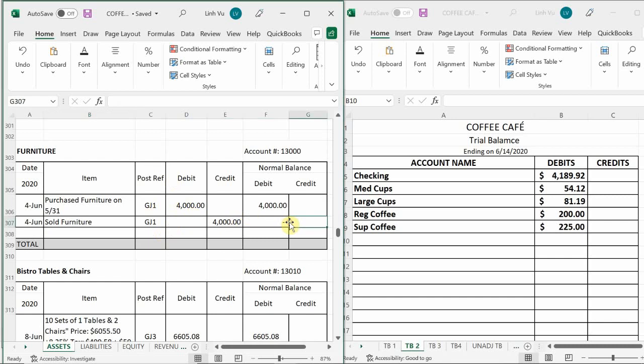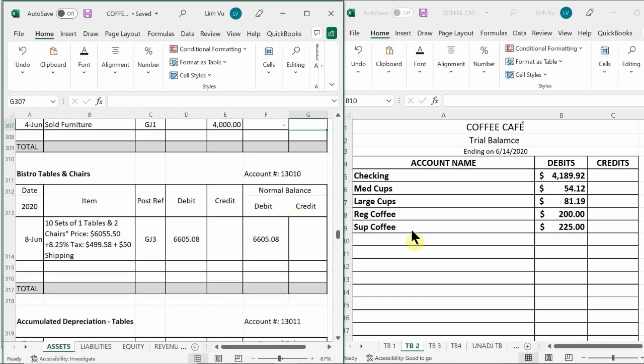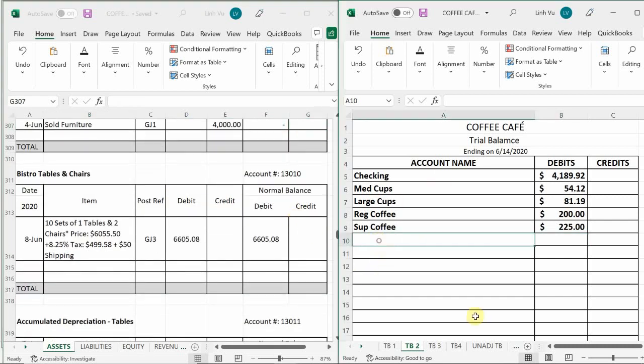No account balance in my furniture. However, I did buy some bistro tables and chairs. So in this case, you could put tables and chairs. Okay.